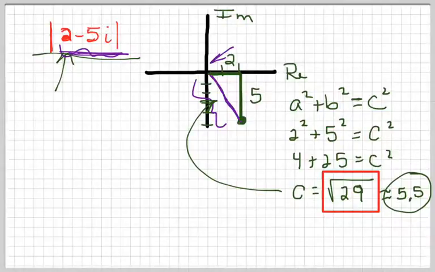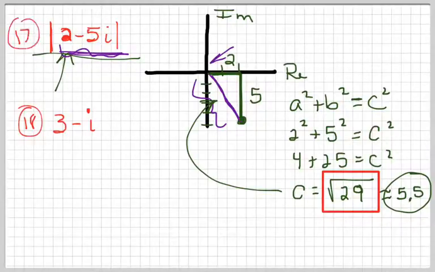Okay, that should help you also with number 18, because 18, we're just graphing 3 minus 2i. And so if I use the same axis that I have drawn for number 17, number 18, 3 in the real would put you out here, one more than the 2 was, and minus 2 would put you right about there, right on top of where that 5 is, because that's about 2 down in the imaginary.